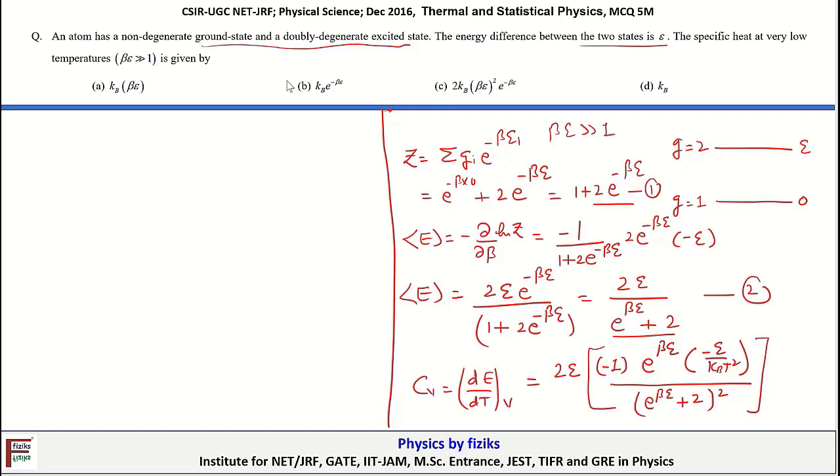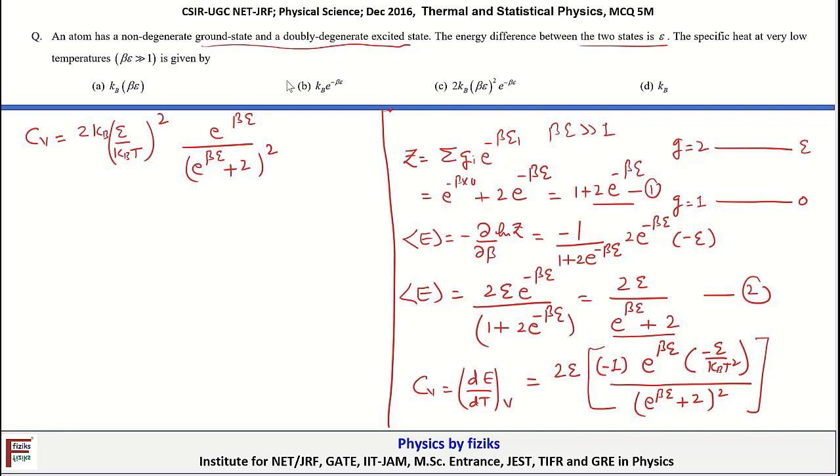Okay, now we have to adjust the terms in this expression, so I can rewrite this as Cv equal to, so I will take the common terms outside, 2 kB E upon kBT square, exponential beta E upon exponential beta E plus 2 and its whole square.